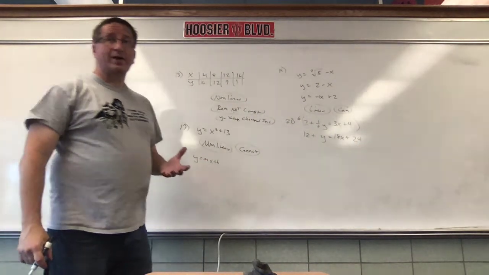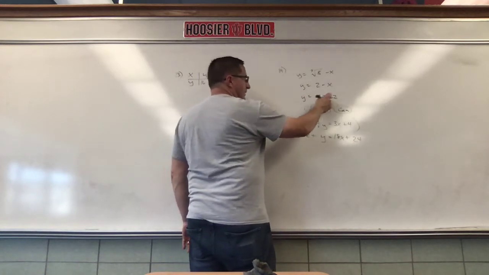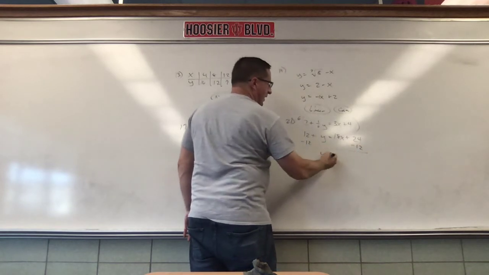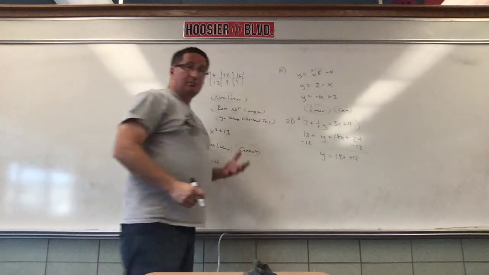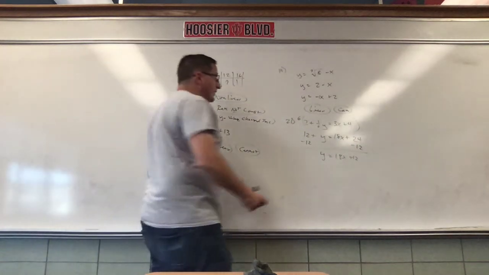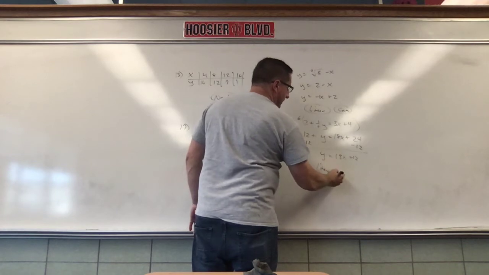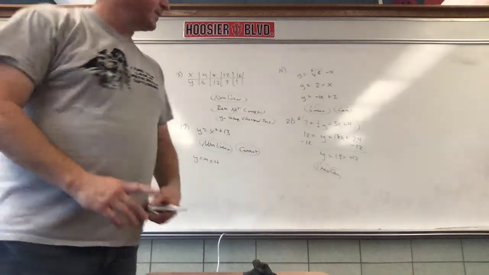No more fractions. Now we want to get y by itself because we want y equals mx plus b. To get y by itself, we subtract 12. If we do that, we have y equals 18x plus, 24 minus 12 is 12. So, is that linear? Yeah, we could write it in y equals mx plus b form.